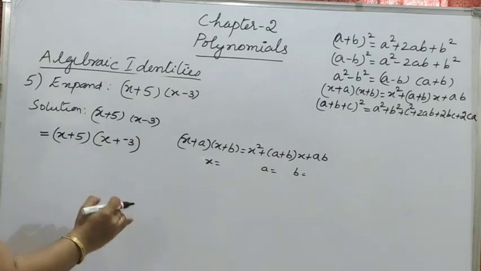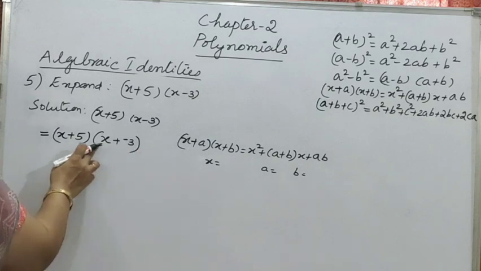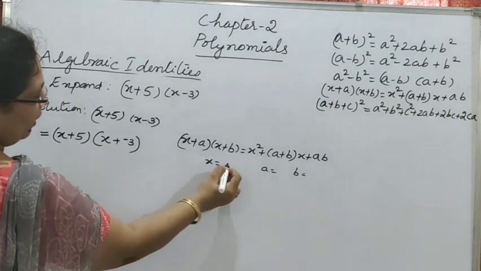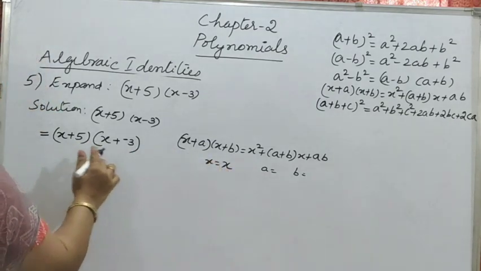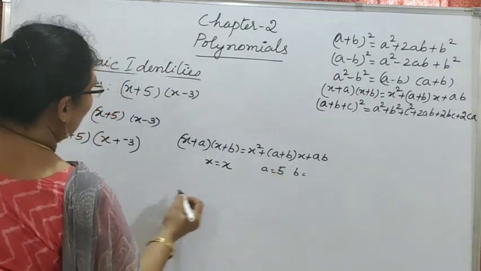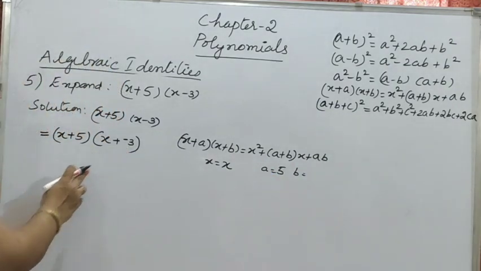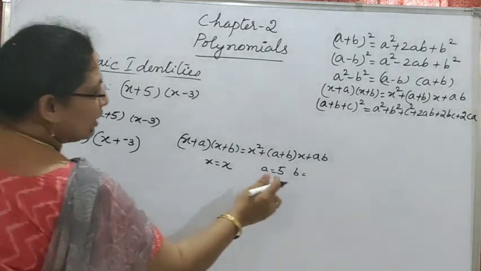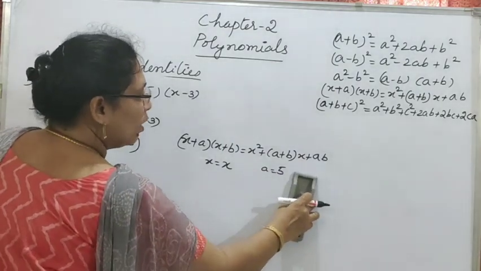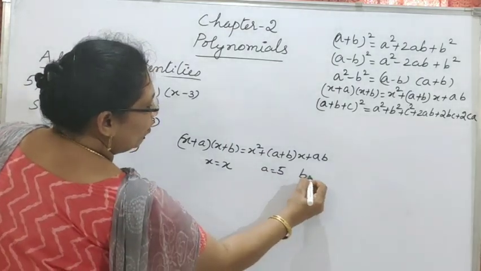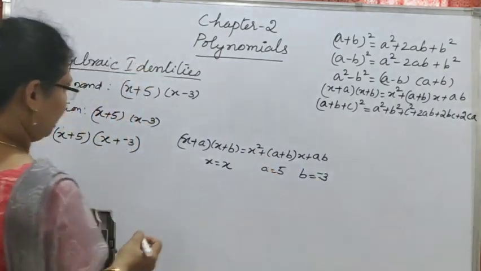Now you compare and tell me what is the x value. In place of x, it is x only. In place of a, it is 5 only. But in place of b, what can you see the change? It is minus 3. In place of b, what is the change we got here? b equals minus 3.